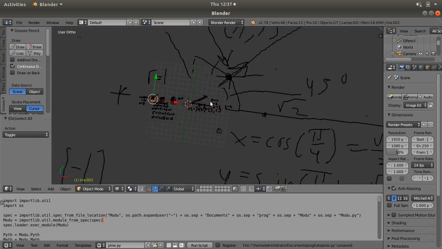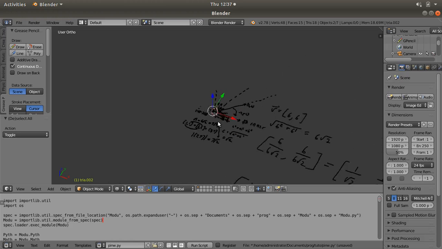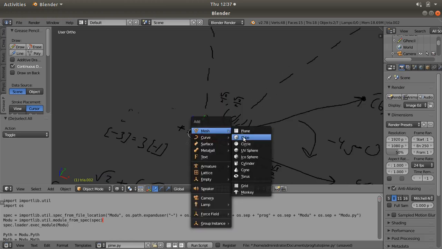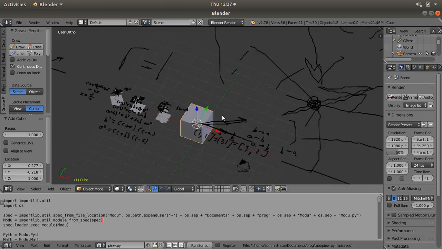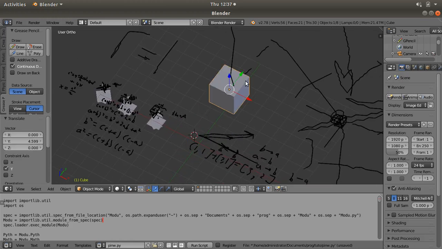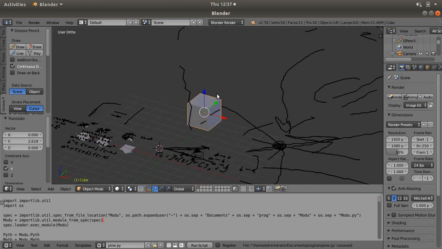So let's take a cube and move it to some random position.